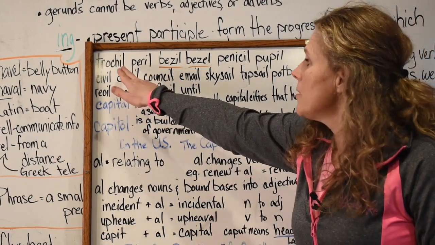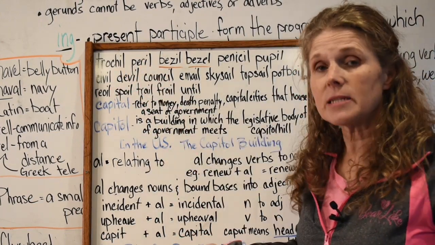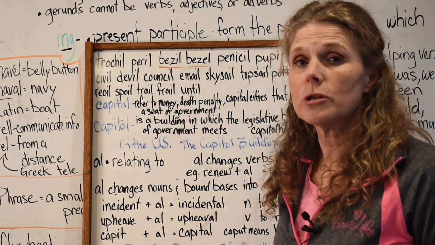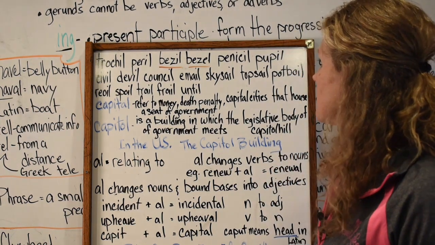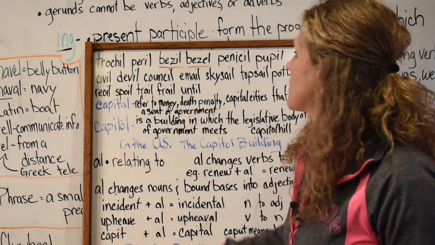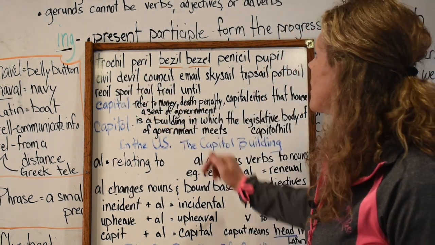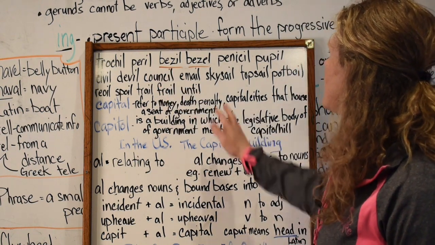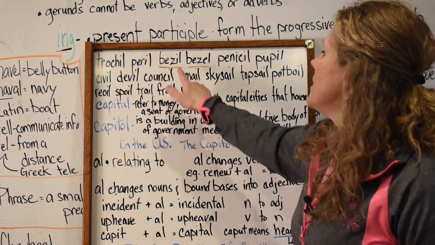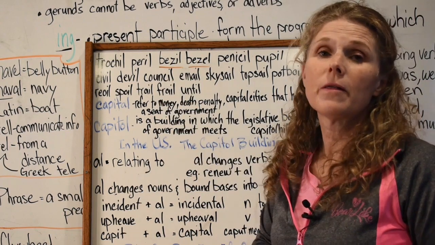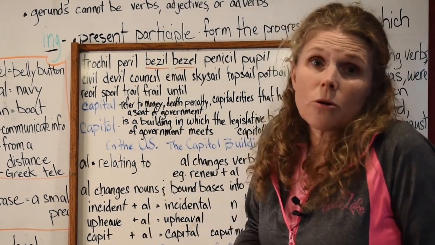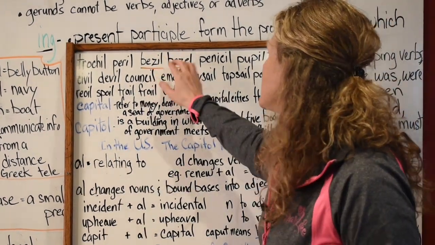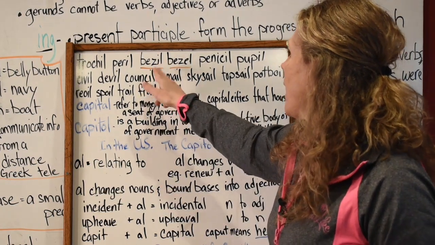So your ILs, if they're not accented, are going to turn to the schwa sound. Trochel, peril, bezel, bezel. Now these right here, they're the same word. They kind of work together and they're spelt I-L or E-L.